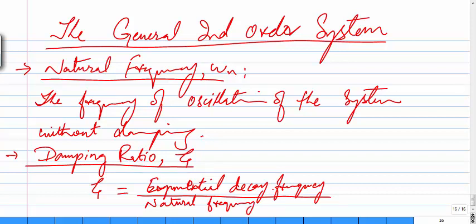The natural frequency is in radians per second.